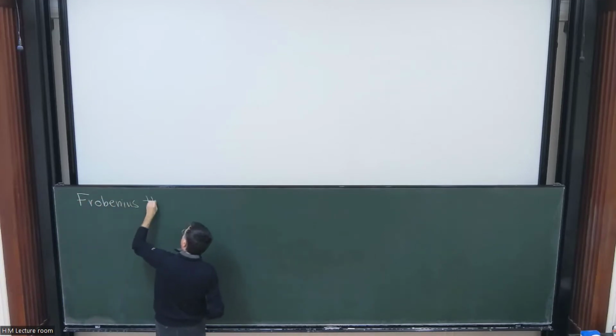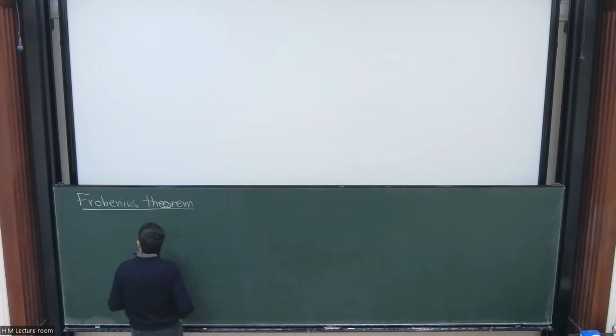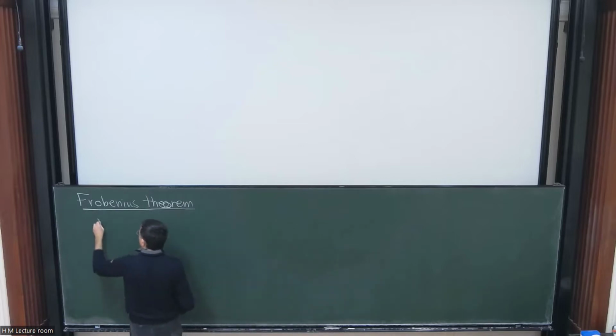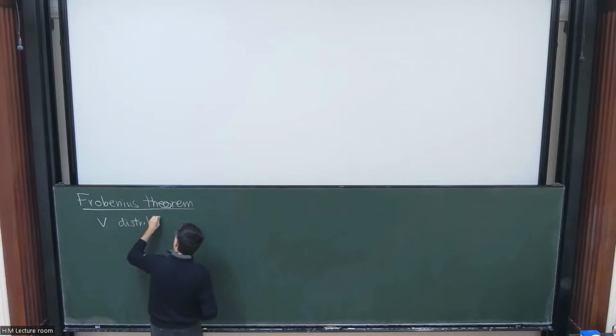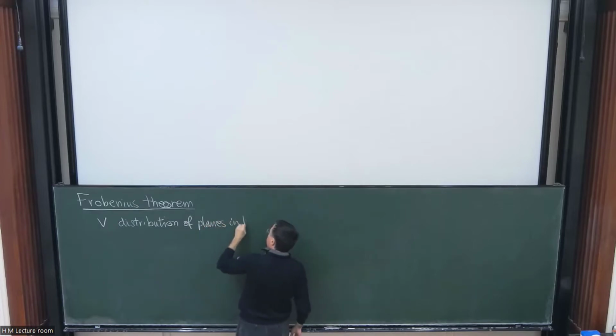Okay, so starting point is what is Frobenius theorem. Let me begin with saying, okay, we have a distribution of planes in R3. What do I mean?